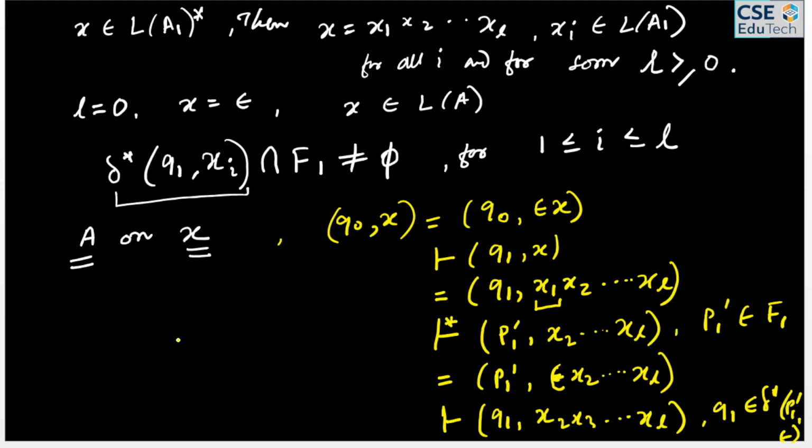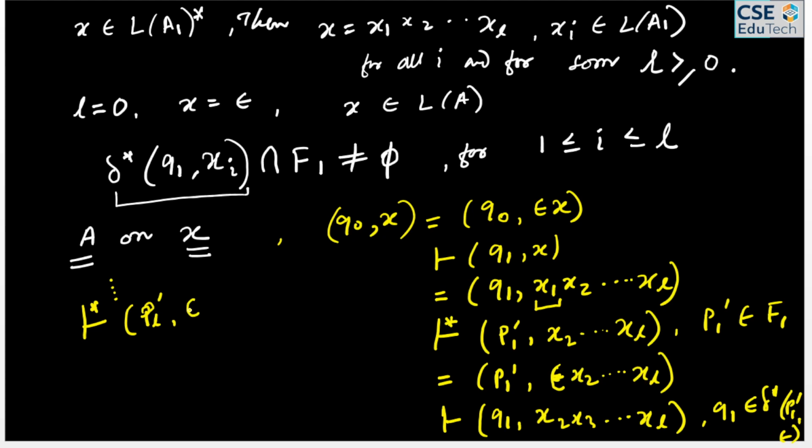Now in this way, after processing some steps, it will look like that. It will reach the state, suppose pl dash, and the string xl is exhausted.